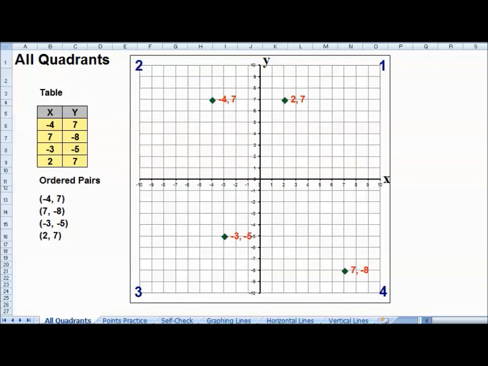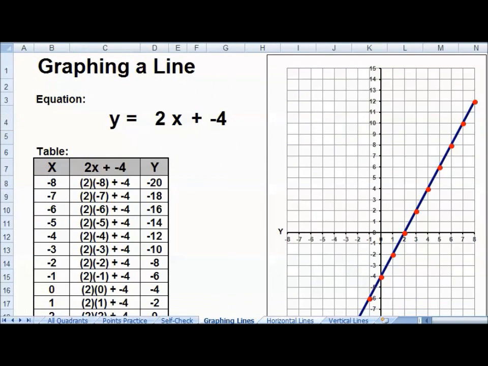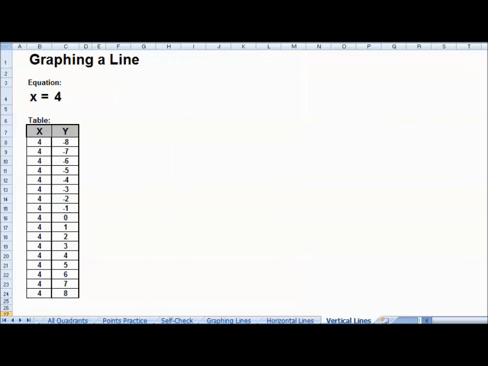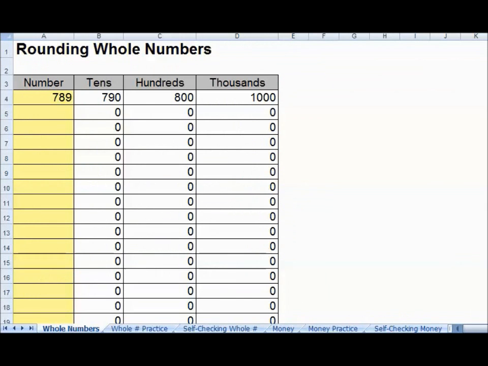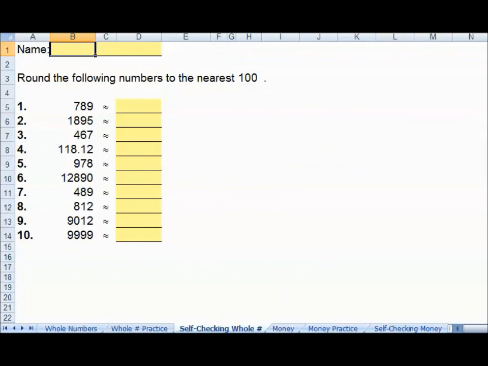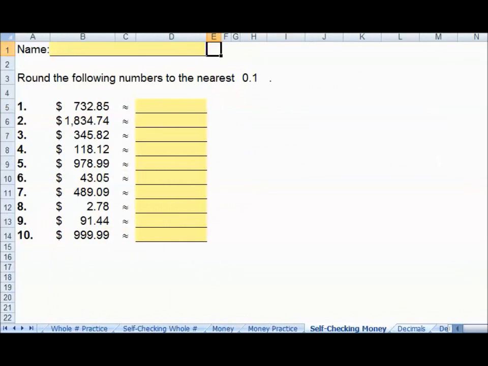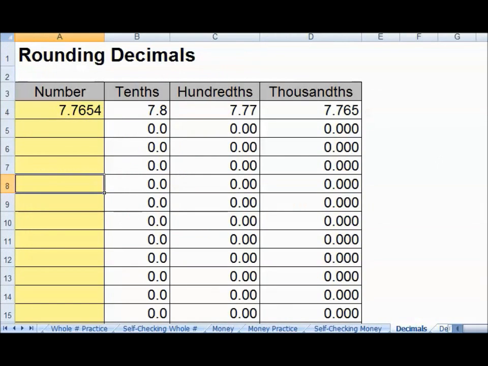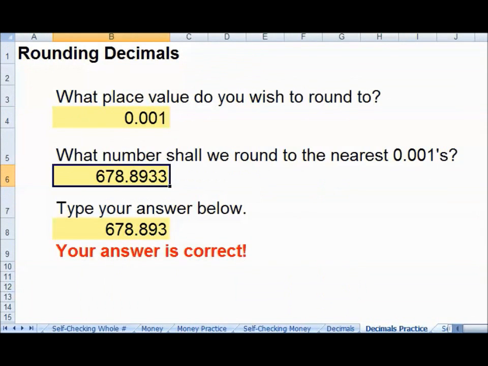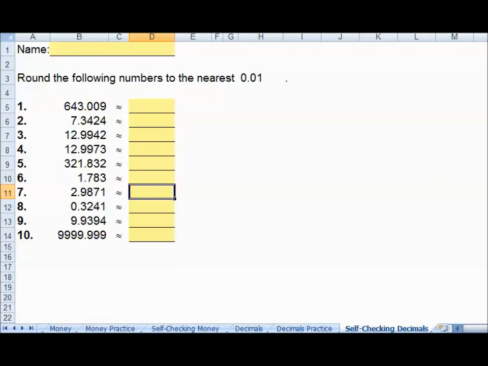Plotting points. Graphing lines. Rounding practice. And more.